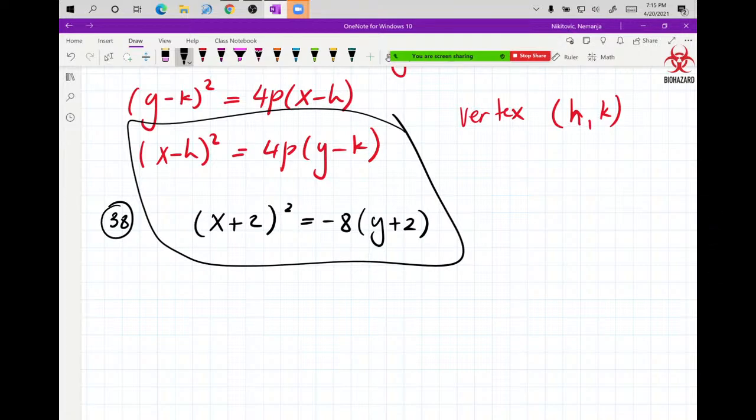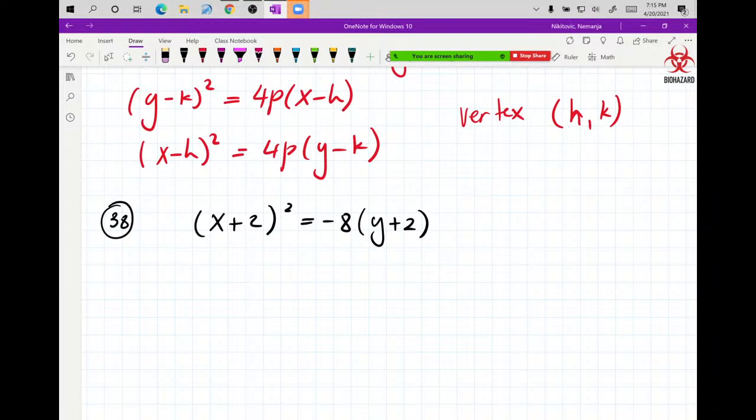We'll do one with a y as well, and maybe a problem with completing the square, so we have variety here. Unfortunately it matches everything perfectly, so I can immediately pick off (-2, -2) for the vertex, and I can immediately pick up that p is equal to 2.